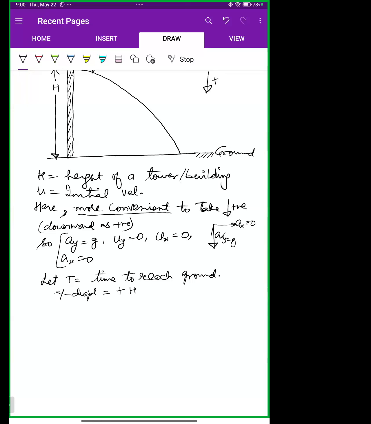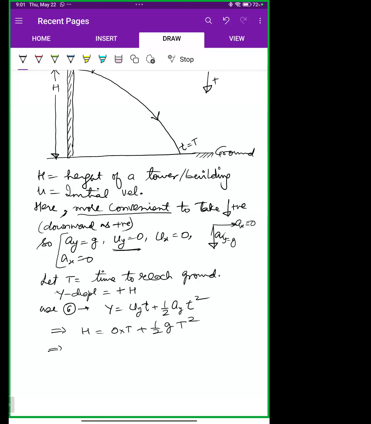Y displacement. Use equation 6. y is equal to uy t plus half ay t square, and it is given here t is equal to capital T. h is equal to 0 into capital T, because Uy is 0, plus half g into capital T square.